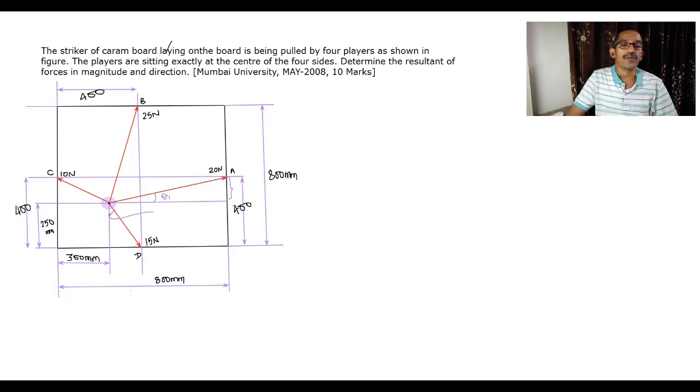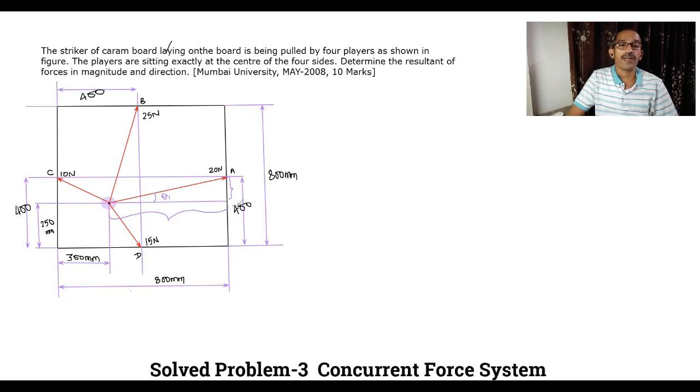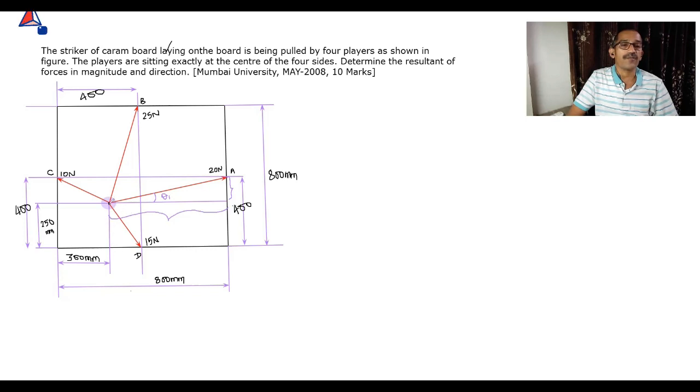First, the opposite side: from the bottommost location, A is at 400 mm, and the striker is at a vertical distance of 250 mm. So 400 minus 250 gives 150 mm. This one is 150 mm.